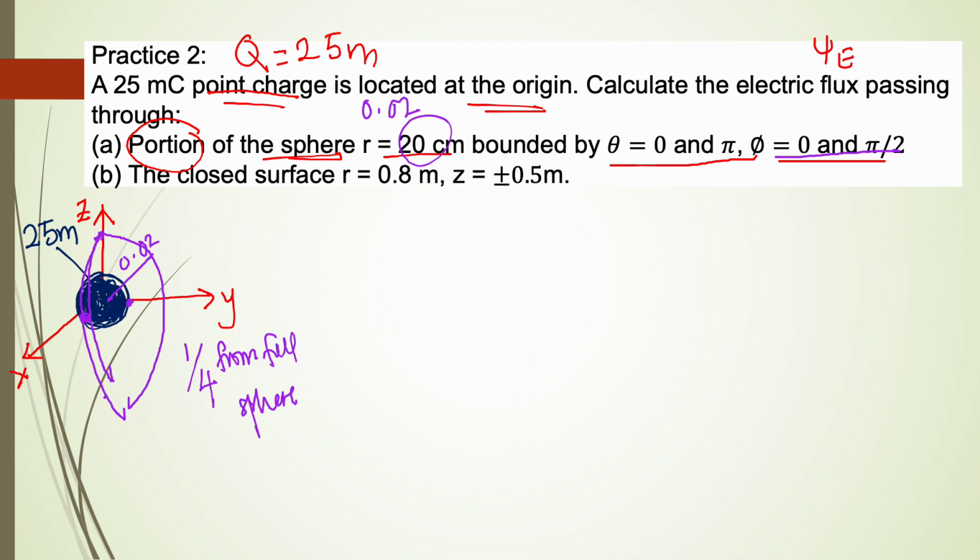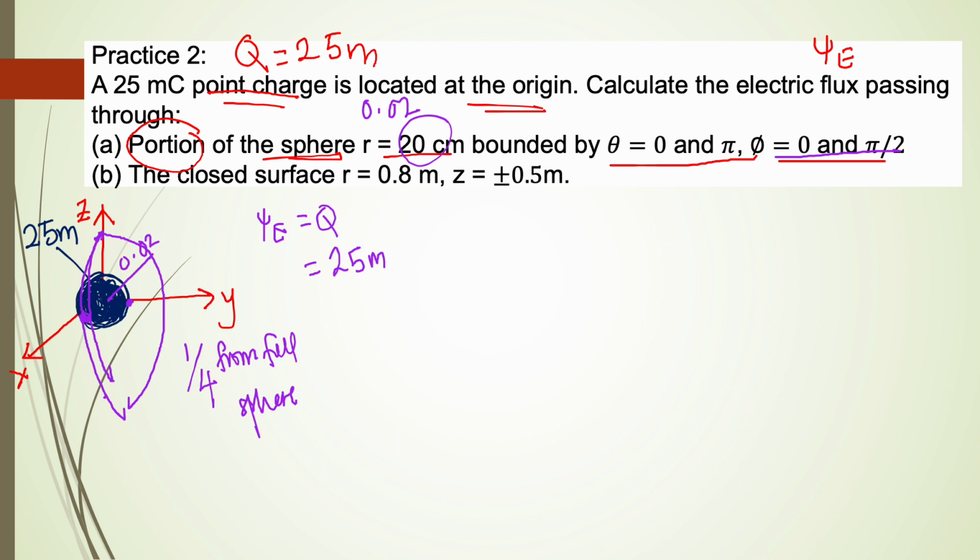We know already the formula. Psi E is equal to Q, since Q is a point charge, where our Q is 25 milli. However, the total Q will not be inside this sphere, because not all the point charge will be inside.